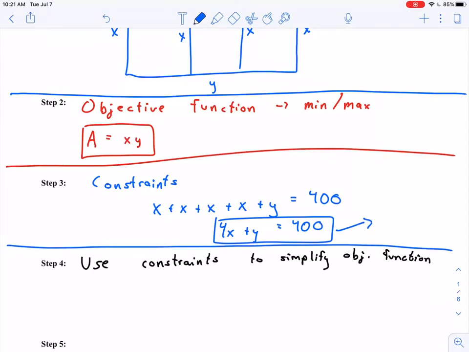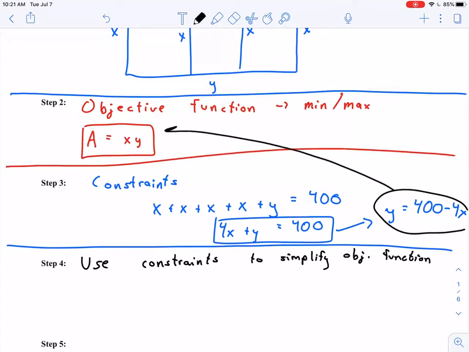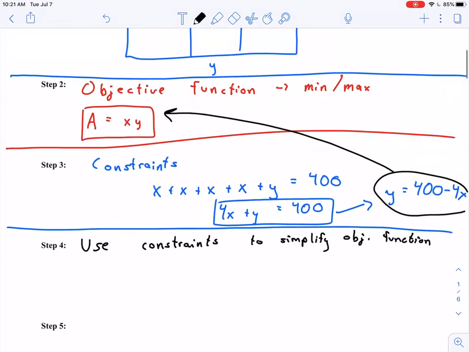So I could take this equation and rewrite it as y equals 400 minus 4x if I just subtract 4x from both sides. And what I'm going to do is take this constraint function, now that I've solved for y, and plug that into my objective function, so that when I take out that y, I replace it with 400 minus 4x.